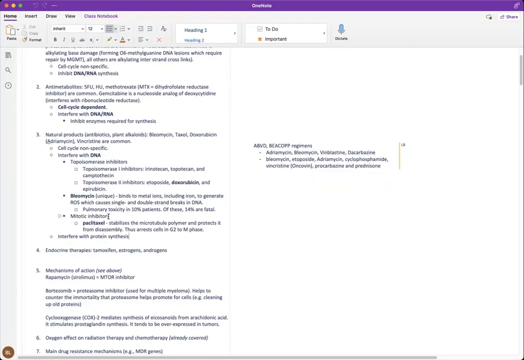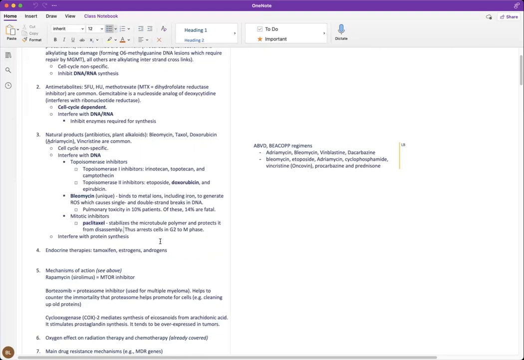Mitotic inhibitors, paclitaxel, stabilizes the microtubular polymer and protects it from disassembly, thus arresting cells in G2 to M phase. Don't get paclitaxel mixed up with topoisomerase. They're different. And then natural products can interfere with protein synthesis.